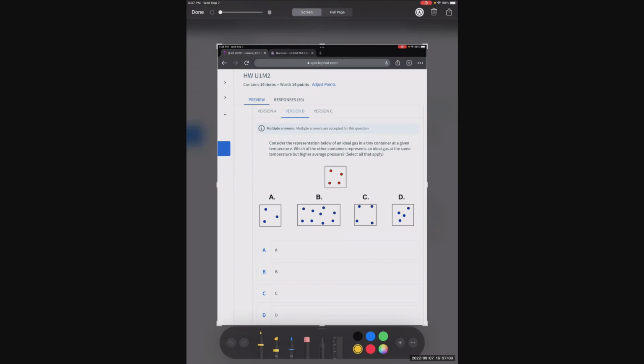Now here's the thing. When it comes to A, C, and D, they have the same volume as the original container, so they have the same volume and same temperature. These are not different, right? So the only variables are pressure and the number of particles, because we know that PV equals NkBT.